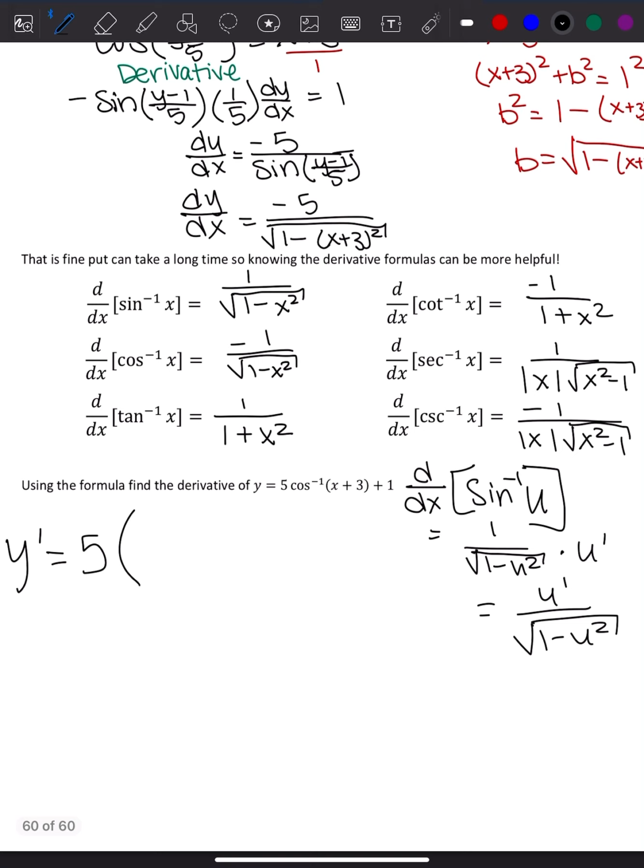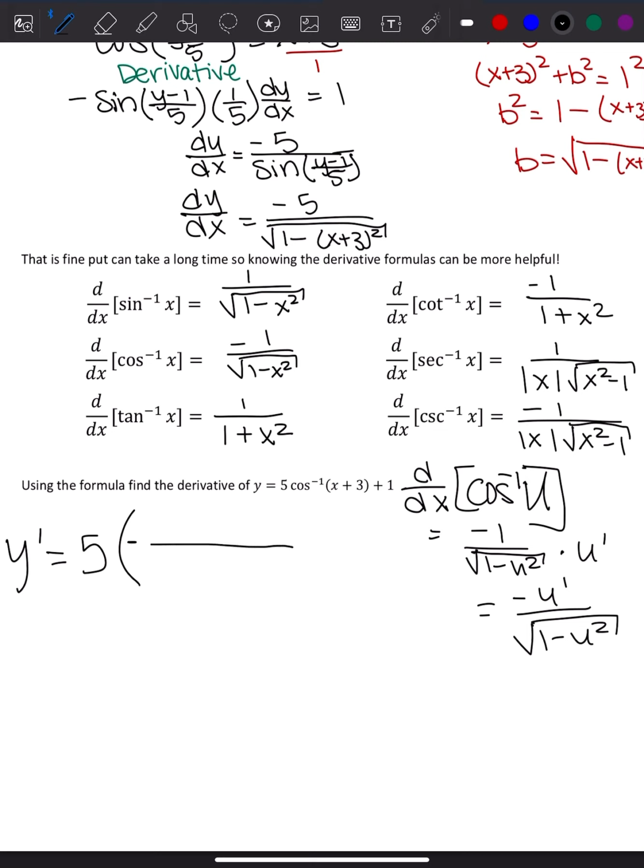I'm going to have the same thing as what I just wrote for sine, except it's now cosine inverse of u. So we have negative 1 divided by the square root of 1 minus u squared. Let's start with this.